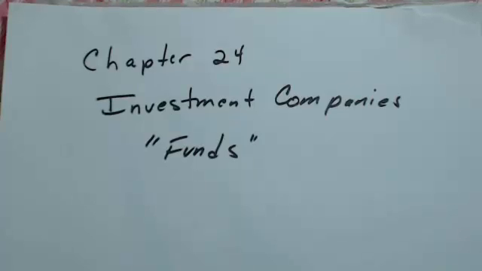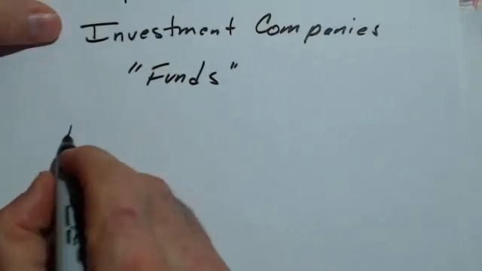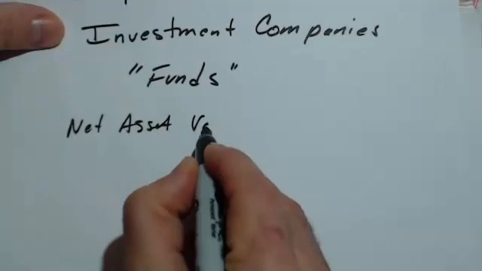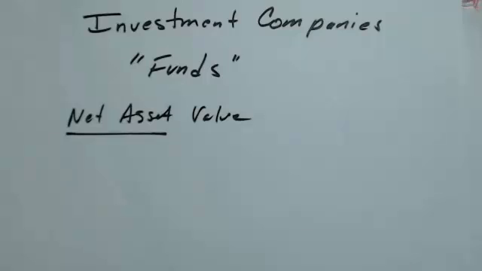Okay, before we get any further, you can't go anywhere in the world of talking about funds without computing a net asset value, NAV. So I'm going to show you how to compute a net asset value. Whenever you see the word net asset, that means assets net of liabilities. So that means equity.